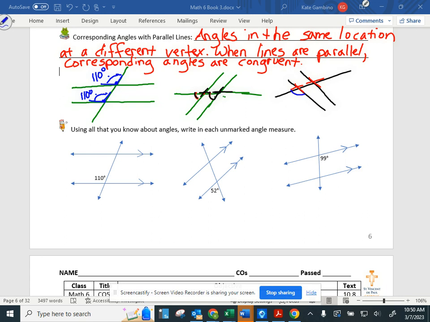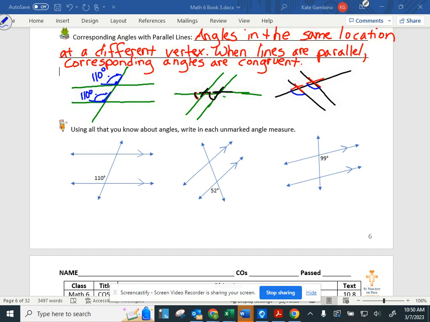So if we look at this angle, where is its corresponding angle on our other X? So we're going to look, this is the lower right corner. So we want to go to the lower right corner over here. Same location, different X. They don't share the same vertex.